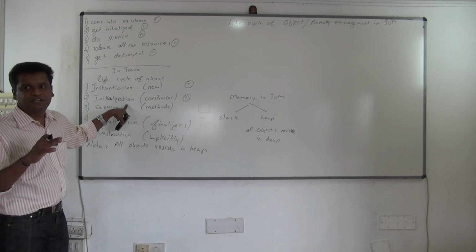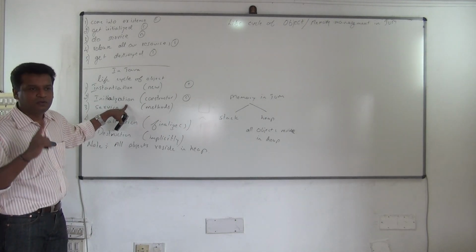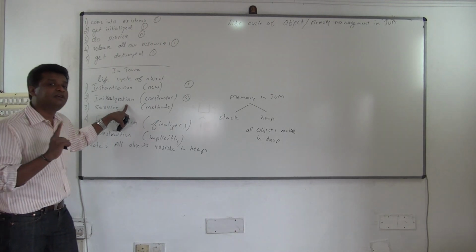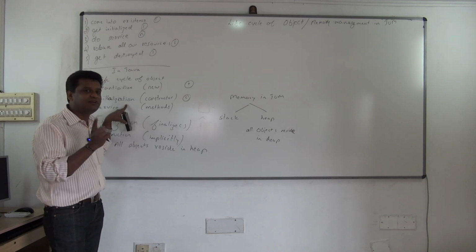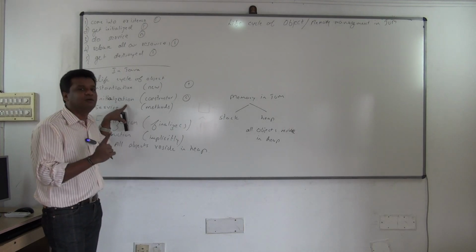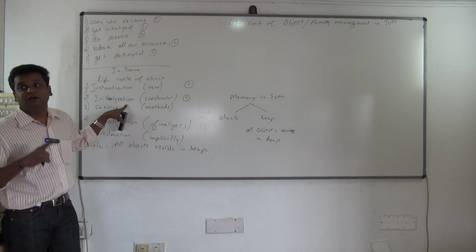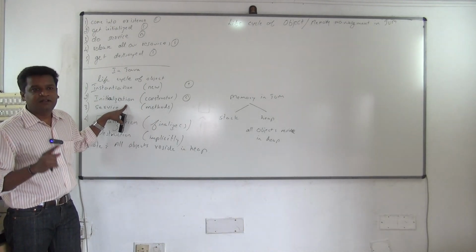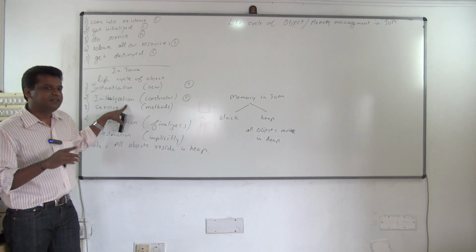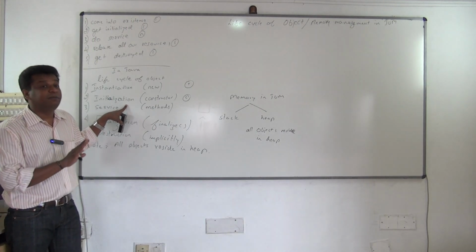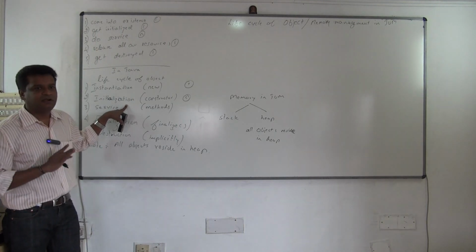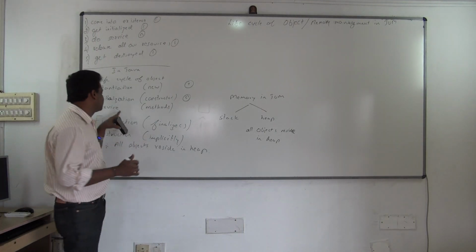In one object, the constructor gets executed only once. Afterwards you cannot call the constructor on that particular object. You can allocate new memory and call the constructor in other objects, but in one object you can't call the constructor again. Once it completes execution, over. Constructor cannot be executed on that object at any point of time or at any cost.